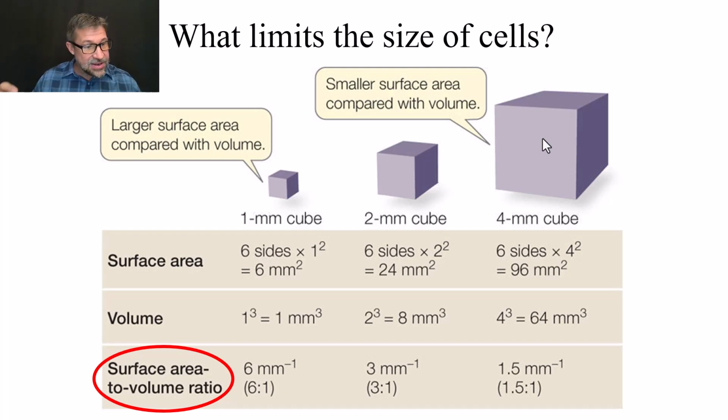So I cannot consist of one giant Rathel cell because at this scale, I would not have enough surface to get oxygen diffused all the way throughout my single-celled volume. Hopefully that makes sense. Test question: what limits the size of cells? Surface area to volume ratio.